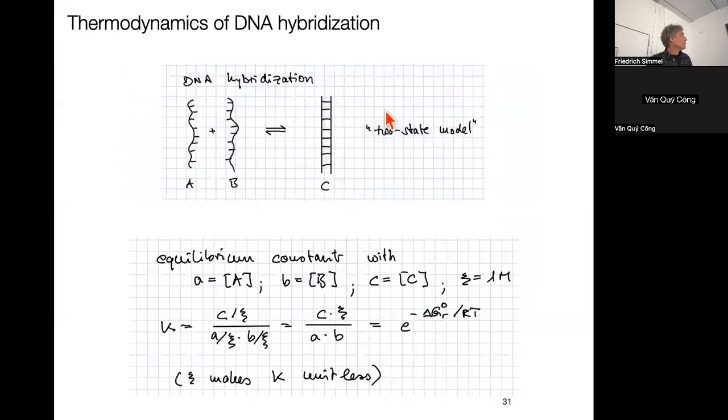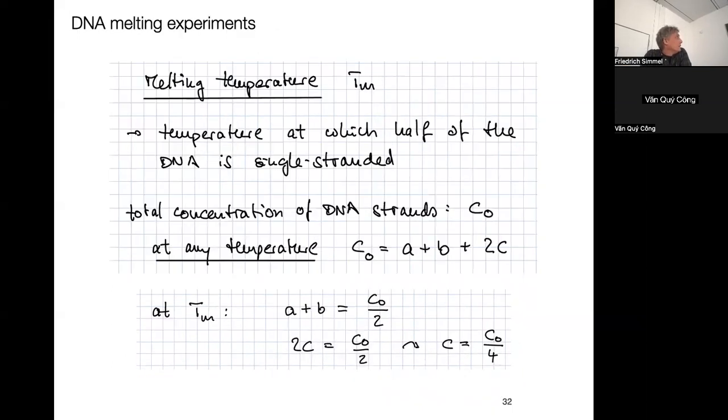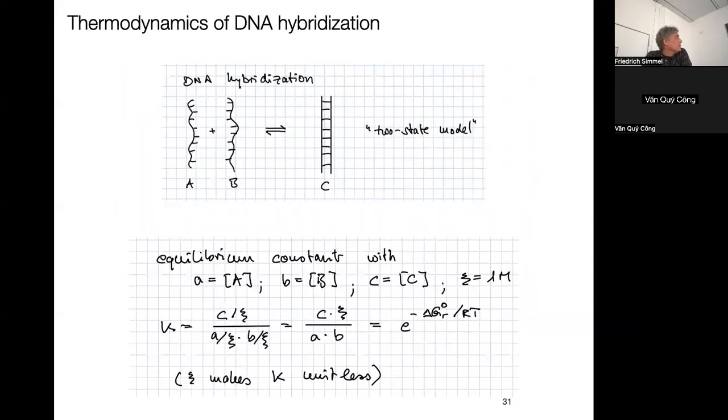The idea is that when you heat up a double strand of DNA, at a certain temperature the two strands will fall apart and become single-stranded. Loosely speaking, this has to do with the fact that delta G is delta H minus T times delta S. When you increase T, you also change this free energy, and you can therefore shift the equilibrium by changing delta G through the temperature.